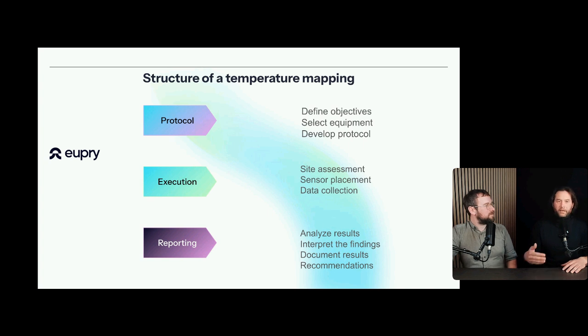And here, deviations are not something negative. It's something that actually prepares us to make our facility or our temperature-controlled unit fit for purpose. Once we discover all those small deviations, then we can act upon them. So it's actually a very important step.